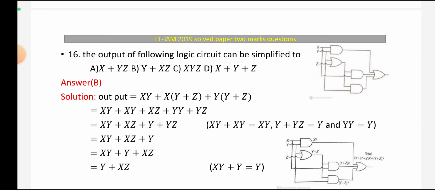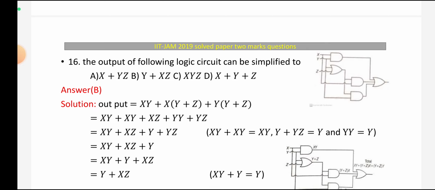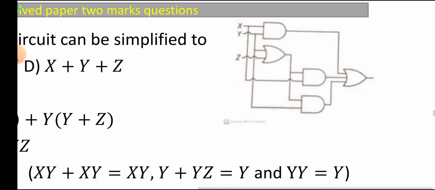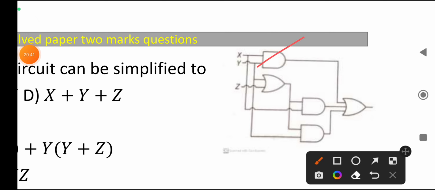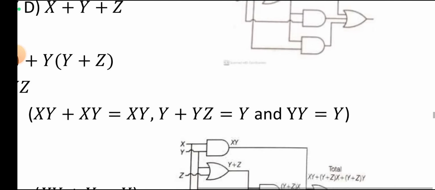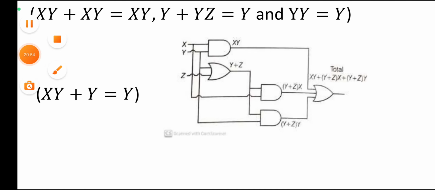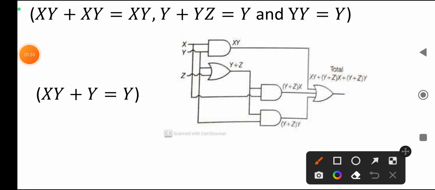Now see here, the circuit diagram is also given. It has AND gates and OR gates. The AND gate simply multiplies, and the OR gate adds.